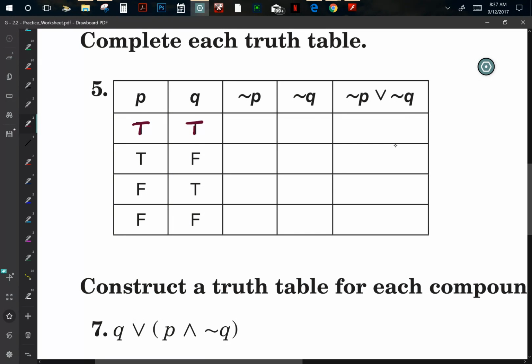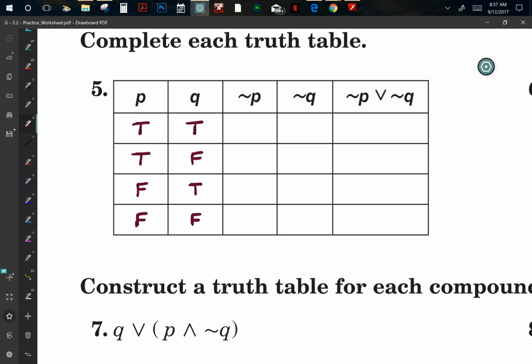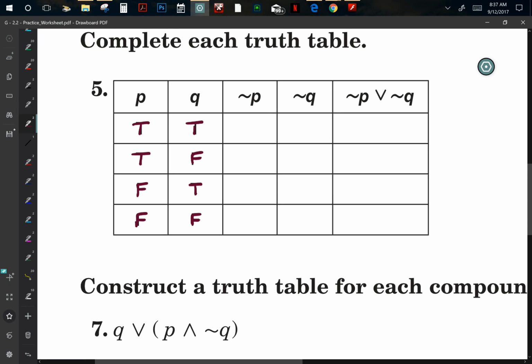The first one could be true and the second one could be true, right? The first one could be true and the second one what? Or the first one could be false and the second one what? Or both of them what? See how we covered all the possibilities there?